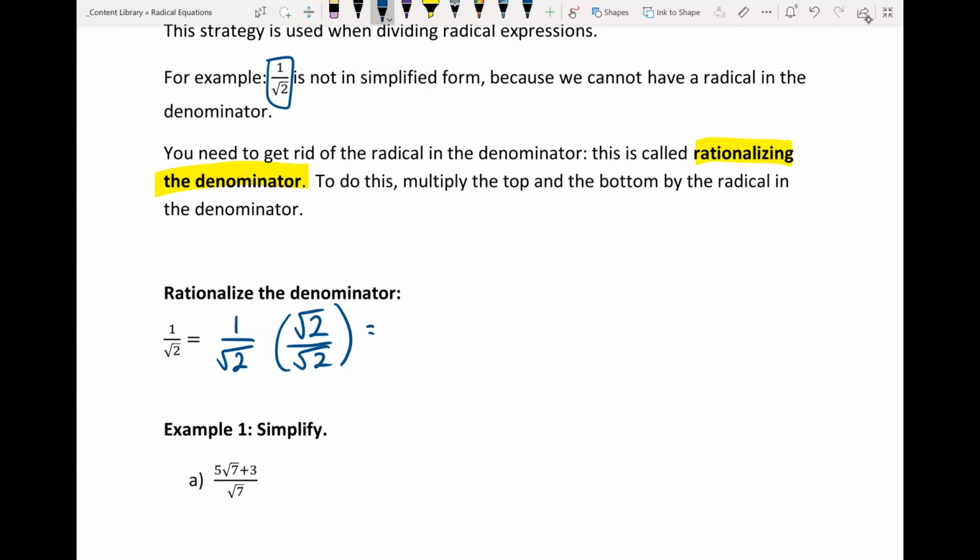So that's a 1 times root 2 in the numerator. And then root 2 times root 2 in the denominator is just 2. So that means 1 over root 2 is the same thing as saying root 2 over 2. Here is not simplified. This is simplified and rationalized.